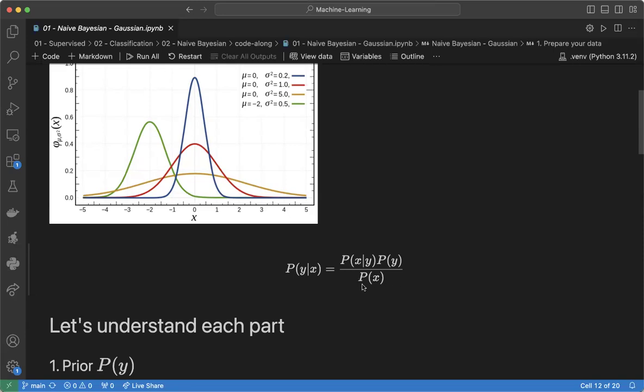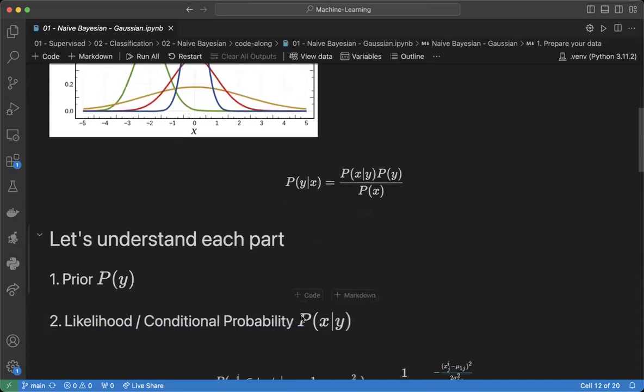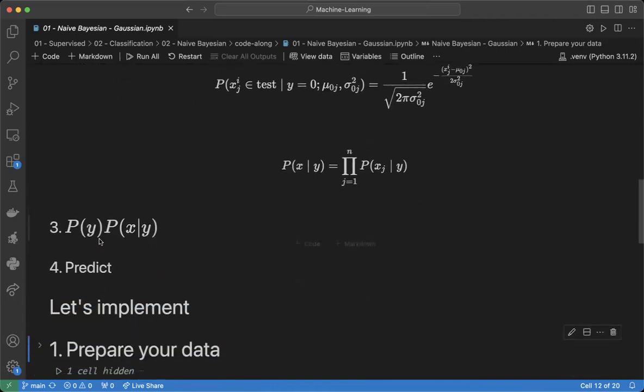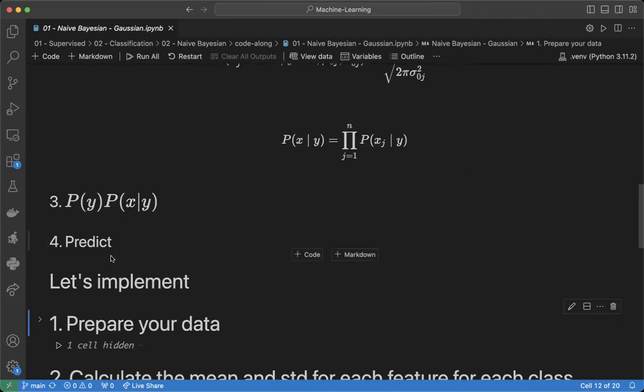This part will not be so friendly for those who are not so comfortable with mathematics, but let us try to do some coding to understand each part. Let us take a look at the outline of today. We will try to understand what P(Y) is, and what P(X given Y) is. Then we will multiply them together, and in fact we can already predict.